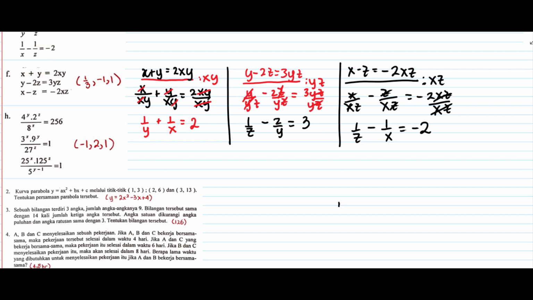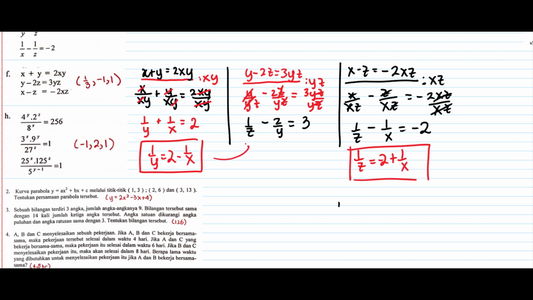From the first one, I will try to get 1 over y. 1 over y equals 2 minus 1 over x. Okay, this is the first one. And then from the third, I will get 1 over z equals negative 2 plus 1 over x. Sorry, minus 2. And then I can substitute it into the middle equation.